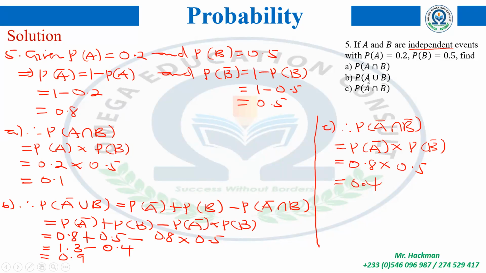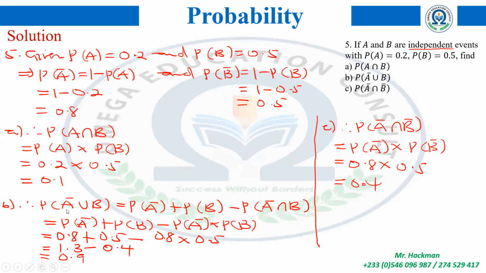Now, if you look at P of A complement union B, whenever you are quoting the union rule, if you don't have sufficient information to say that you are dealing with a special situation where your intersection is 0, you always quote the general one, which is for the non-mutually exclusive events.